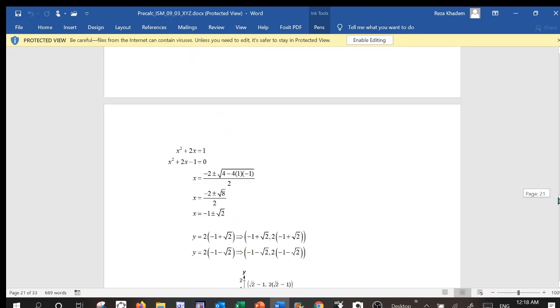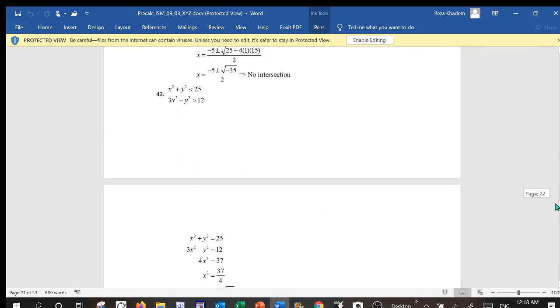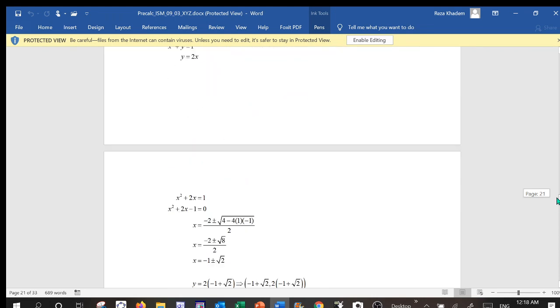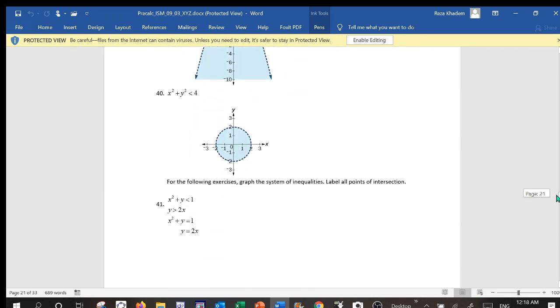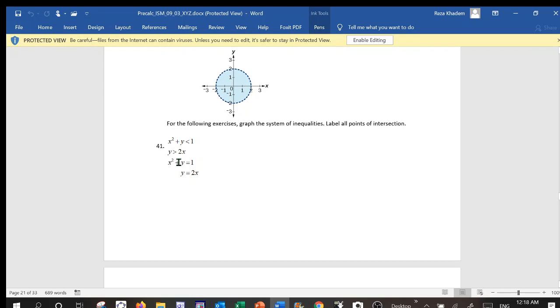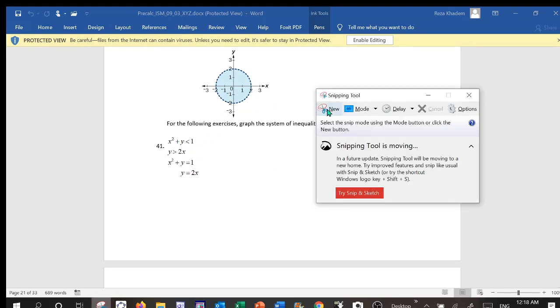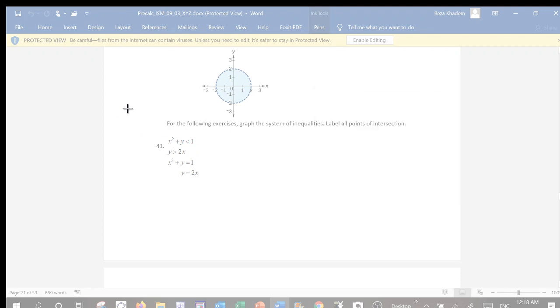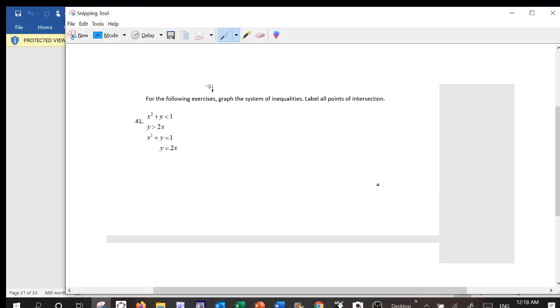system of inequalities. If you have a system, is that a system of inequality? Yes, so this one is a system. So what we have here is a system.